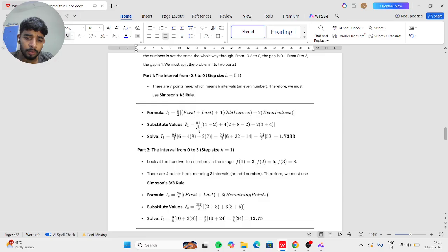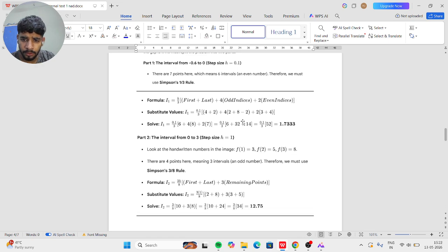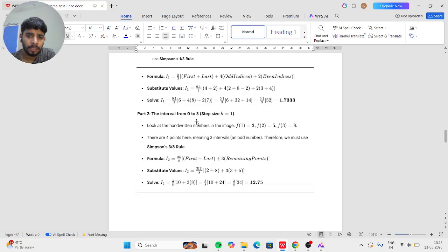Similarly, we put here 0.1/3 and the first element, last element, then the odd elements multiplied by 4, and the even indices multiplied by 2. After solving this, we get our first value, 1.7333.